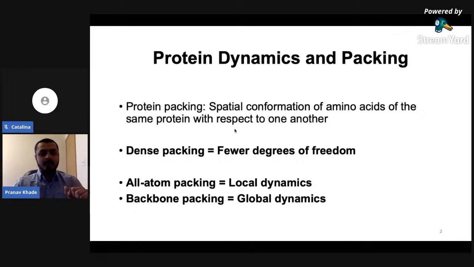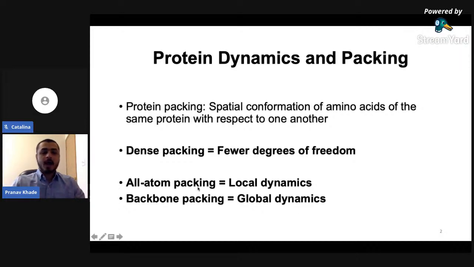Because we know that, like for any other object, if something is densely packed, it has fewer degrees of freedom to move around. Whereas if something is not so densely packed, it is more flexible. It has more degrees of freedom to move around. So we are going to exploit this property in order to see what effect it has on dynamics and if we can predict anything from it.